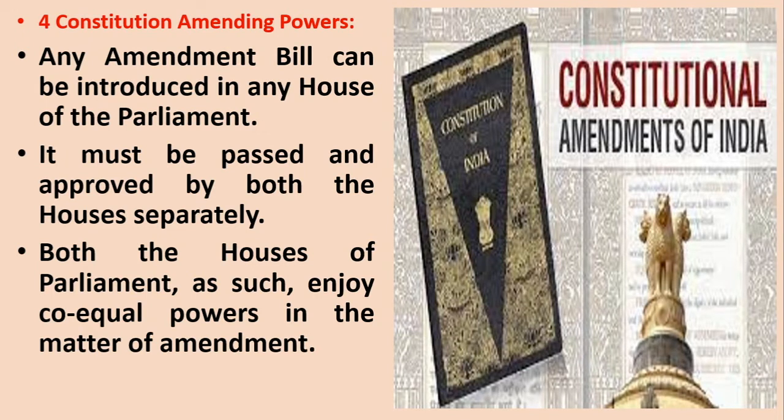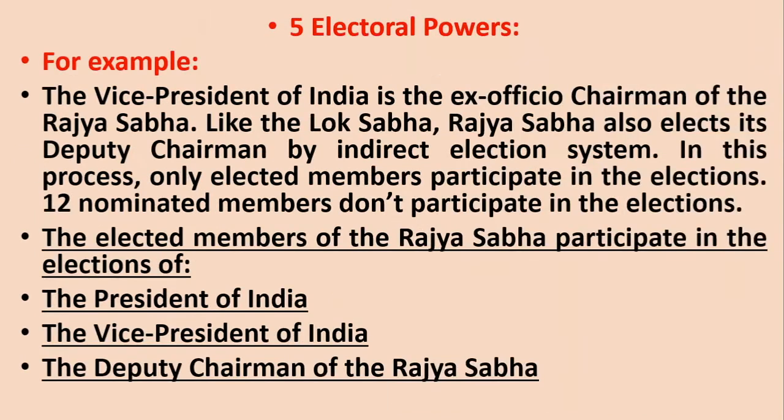So, this is the constitution amending power. It is enjoyed by both the houses equally. It can be introduced in any house, but it must be passed and approved by both the houses separately. There is no joint sitting in case of deadlock or in case of any disapproval. No, nothing like this. It must be approved by both the houses separately.